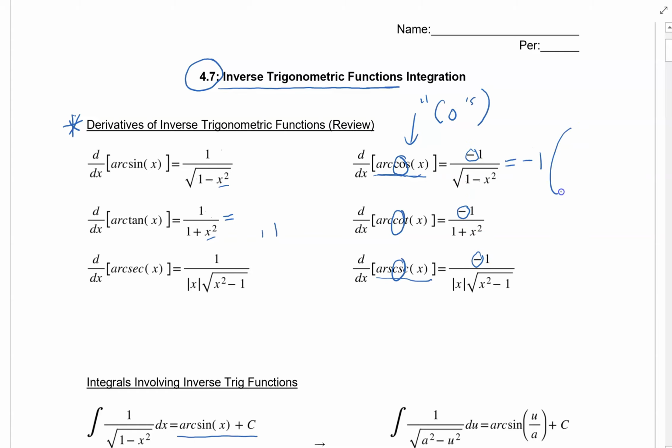This is negative 1 times the derivative of arc sine. This is negative 1 times the derivative of arc tangent and negative 1 times the derivative of arc secant. So when you're going backward, since the derivatives only differ by a factor of negative 1, you don't really need to know them when you're going backwards.